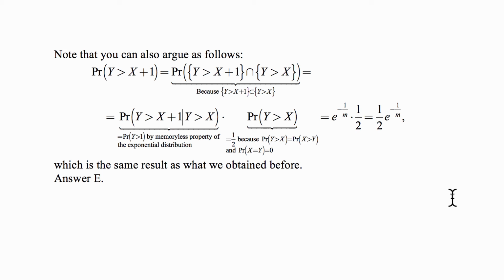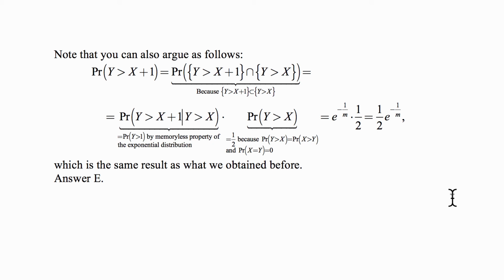It's interesting to point out that you don't even actually have to calculate any integrals to do this, because you can find the probability of y being more than x plus 1 by writing it as the probability that y is more than x plus 1 intersected with y being more than x.